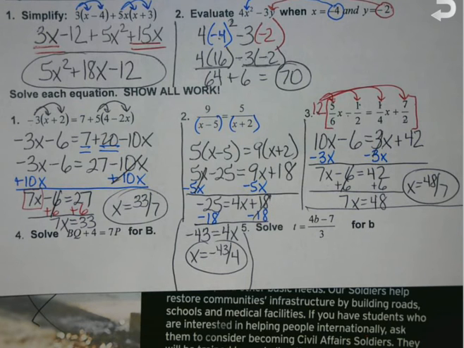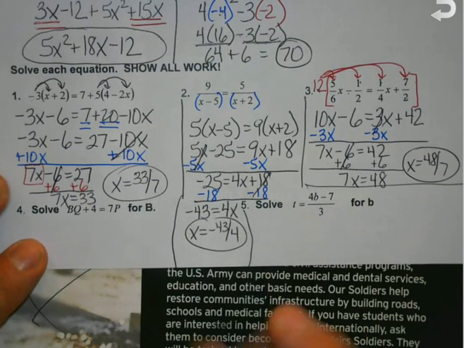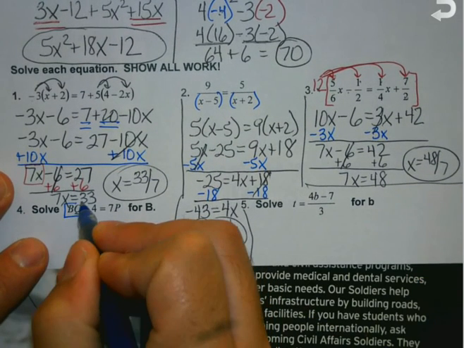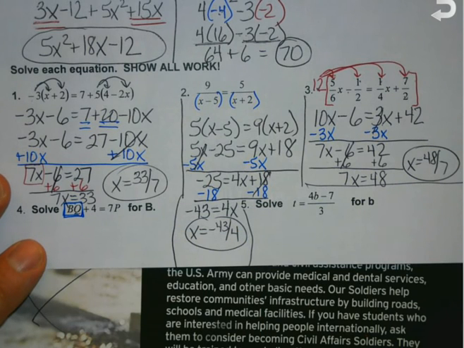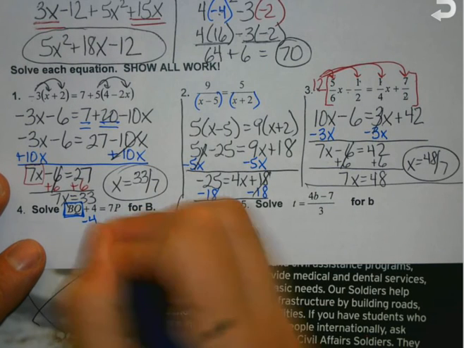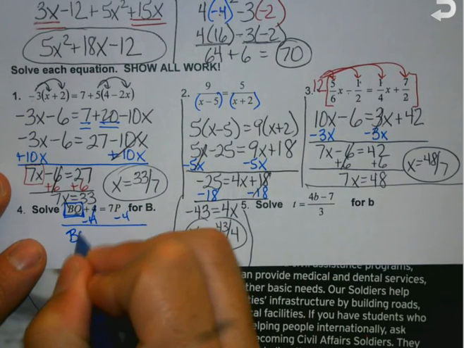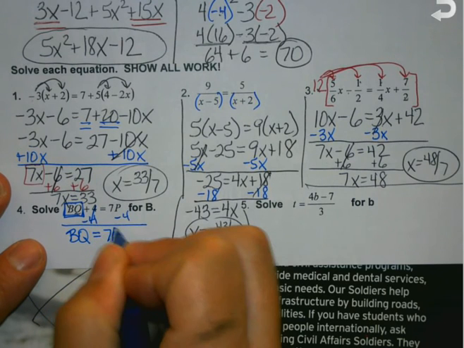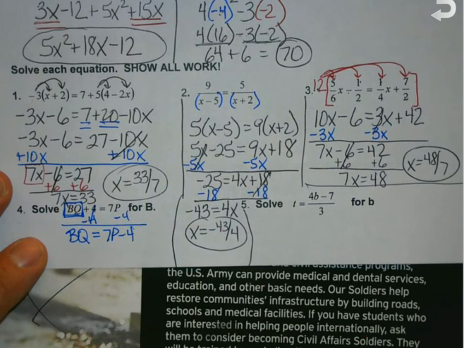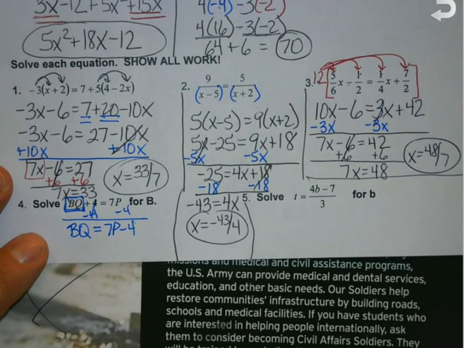And then the last couple on this side are just like what you were doing in the homework last night, solving for a specific variable. Now again, we want to be visual. Wherever I see my variable, I'm going to box that in, and it tells me anything that's not in the box needs to go away. So the 4 needs to go away. Again, I can't combine the 4 with the 7.